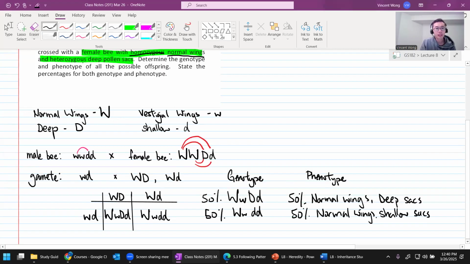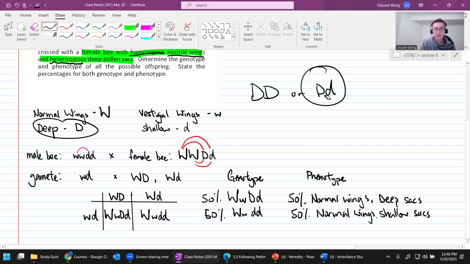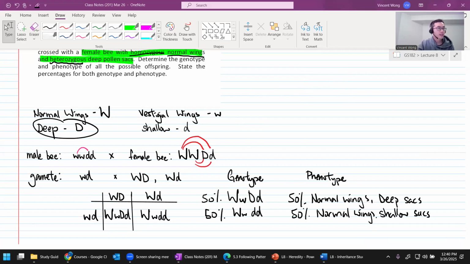As for the pollen sacs, it's deep, but deep can be big D, or big D, small d. In this question specifically, it says heterozygous. Heterozygous is different as opposed to the same. Is that okay? All right. So that's the answer. Any other questions?